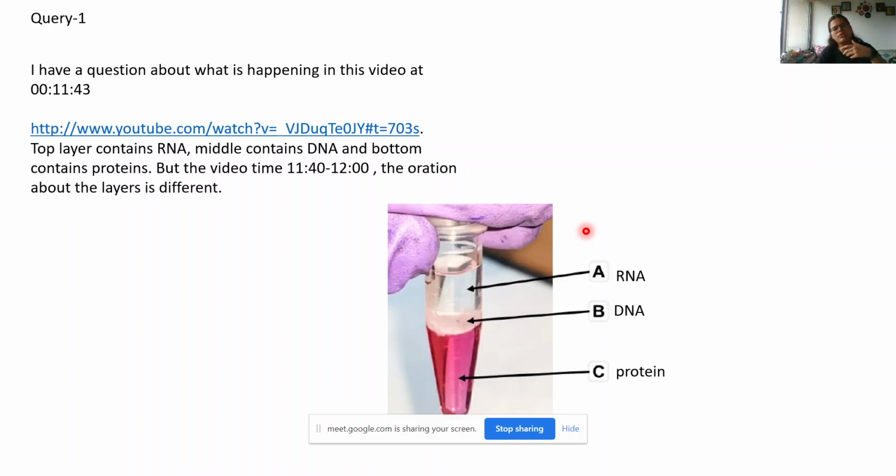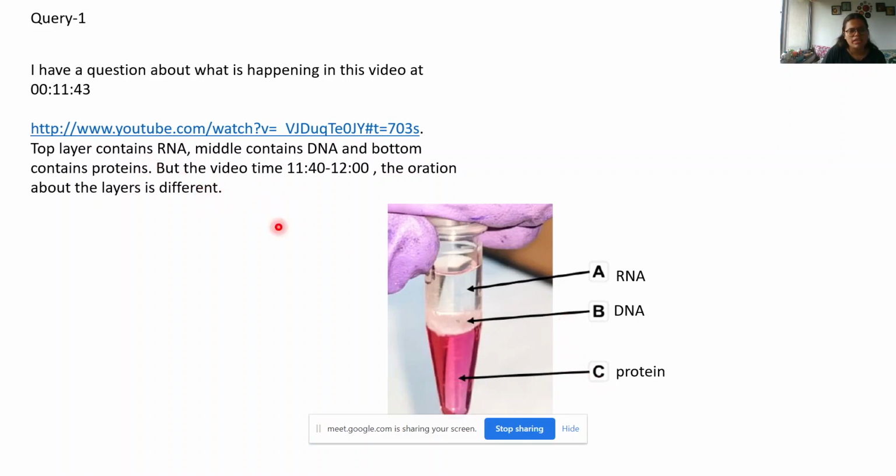So these are a few queries that we have received. One was in this video, which basically discussed the triazole method. There was some technical issue where the protein was shown in a band at the B, and the DNA was told to be at the debris at the end.